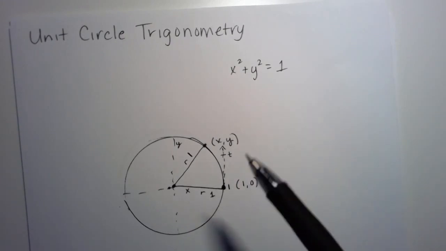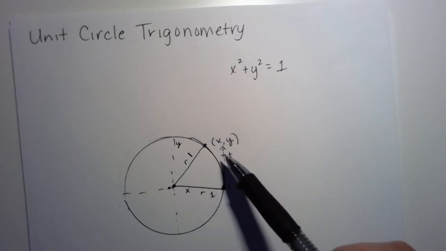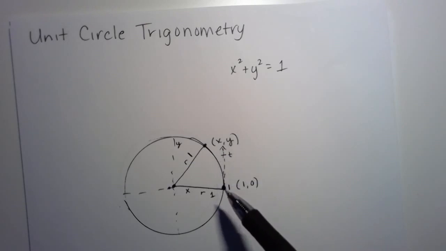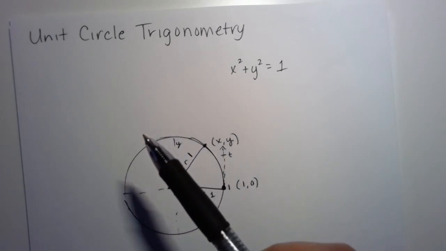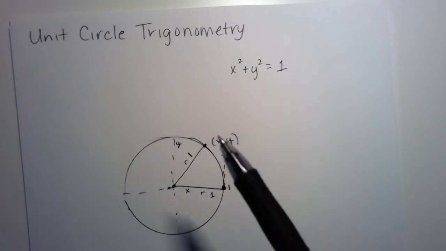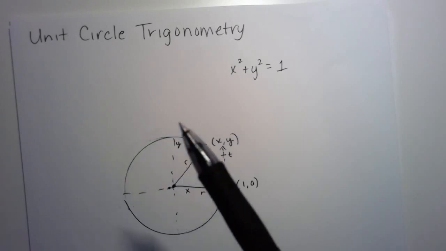The way that we want to think about unit circle trigonometry is, see this little picture I've drawn here? It's not very straight, sorry. Think of it as wrapping my number line around the outside of the circle in a positive direction. So when I'm positive, I'm going this way, or if I'm dealing with a negative angle, then I think of it as wrapping the number line going backwards.